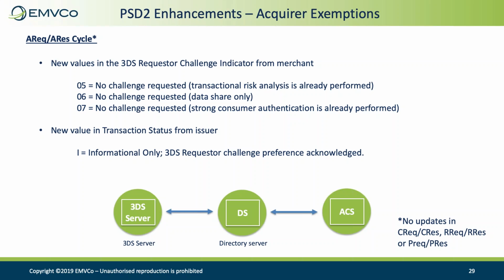These new values are 0.5, no challenge requested, transactional risk analysis is already performed; 0.6, no challenge requested, this is a data share only; or 0.7, no challenge requested, because strong consumer authentication is already performed. There's also a new value in the transaction status from the issuer. This is the value of I, which means informational only, meaning the 3DS requester challenge preference was acknowledged.